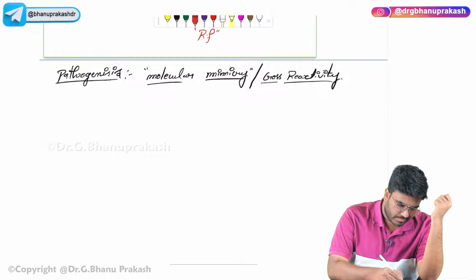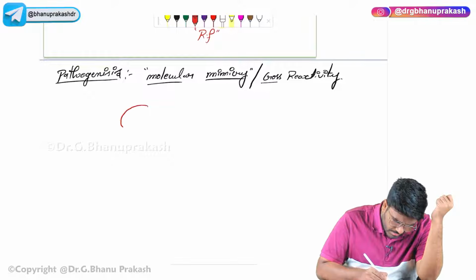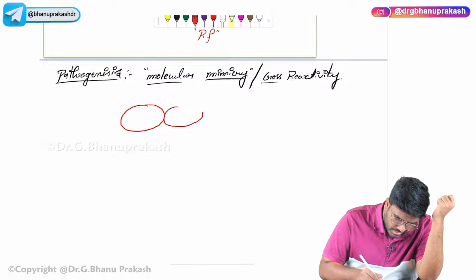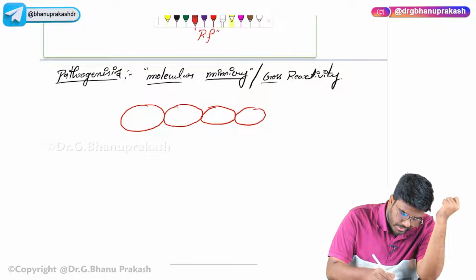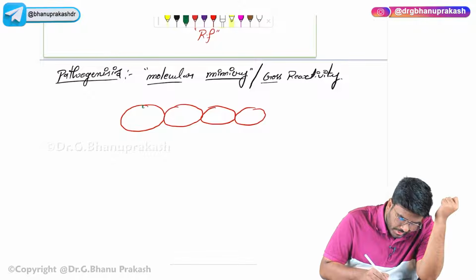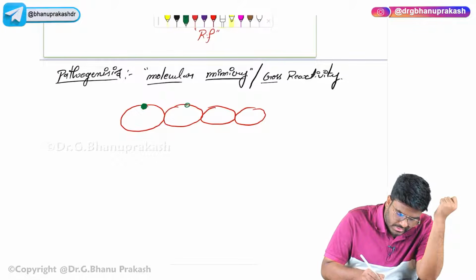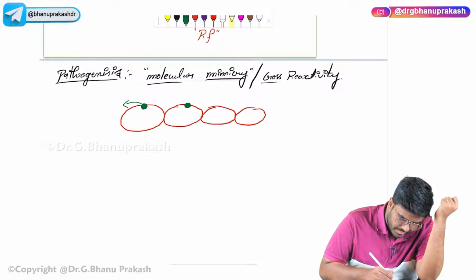It's a cocci, right? Now this group A beta hemolytic streptococci has a protein on its surface. This protein is called M protein.